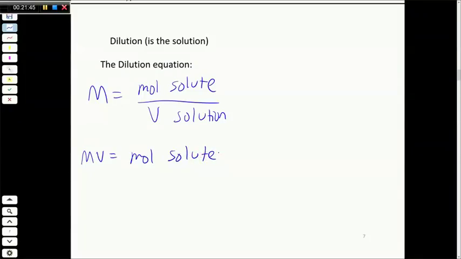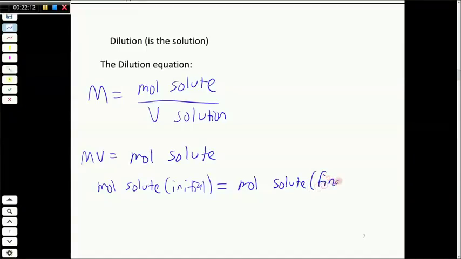And as we talked about, in a dilution situation where you're just adding pure solvent to change the concentration, the moles of solute stays the same before and after the dilution, so we're going to use that to get the relationship between those starting and final conditions. So the moles of solute that we initially have is equal to the moles of solute that we end up with in our final diluted solution.